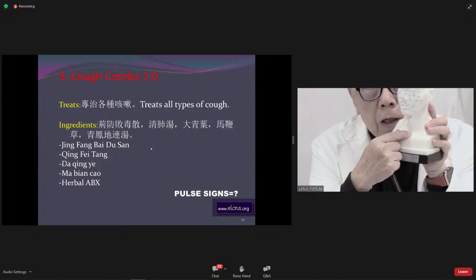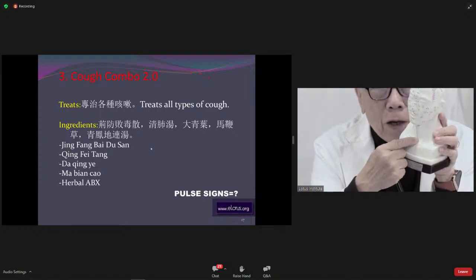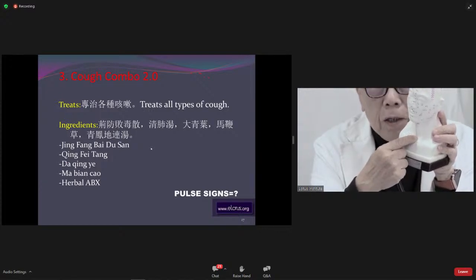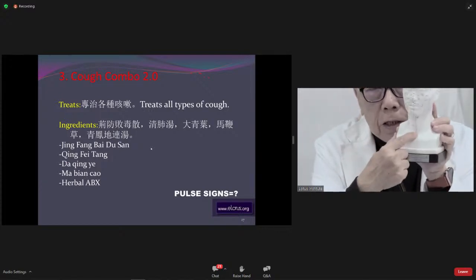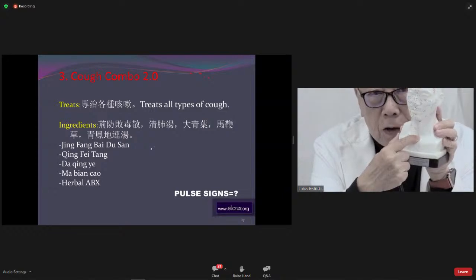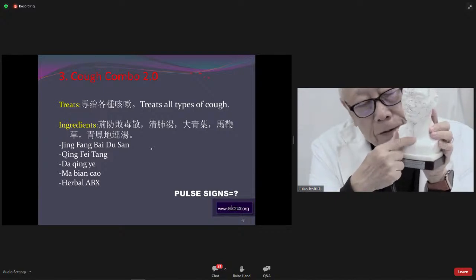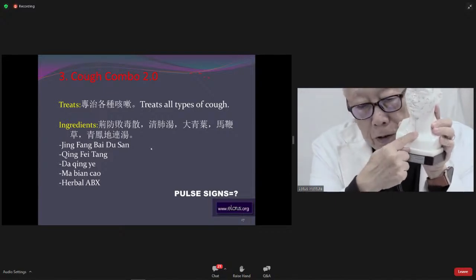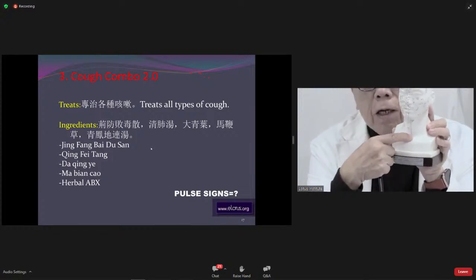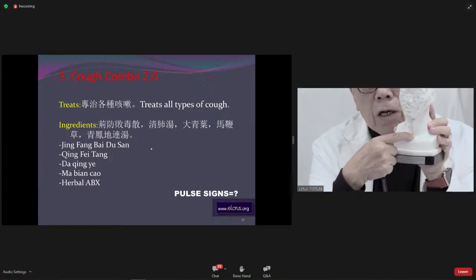You touch it. It's very interesting. Sometimes it's freezing cold. I don't know why. Sometimes it's hot. If it's freezing cold, colder than the rest of the skin, like this area, it is bronchitis. If it's warm and hot, that's asthma. I don't know why. It's just like that. It's very simple. You can use your fingertip to touch it, or you can use a thermal gun, temperature gun, something, to feel it. If it's hot, it's asthma. If it's cold, freezing cold, it's bronchitis.